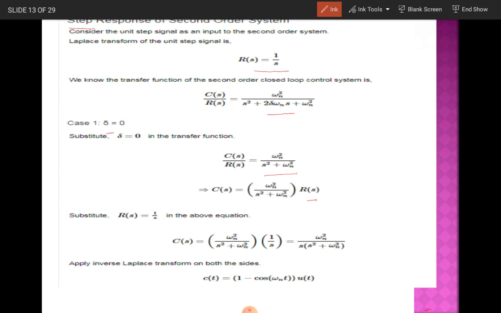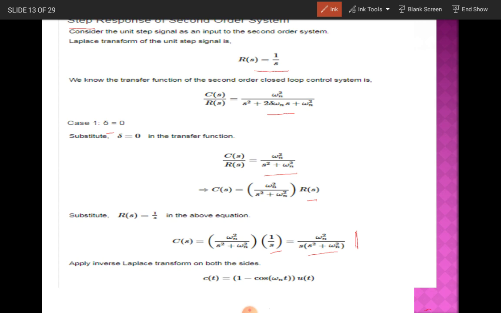Here we consider step input, so we can replace R(s) with 1/s. So finally we'll get C(s) is equal to omega n square divided by s into s square plus omega n square.